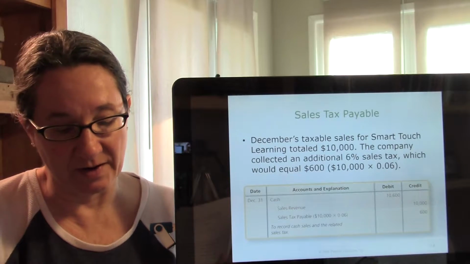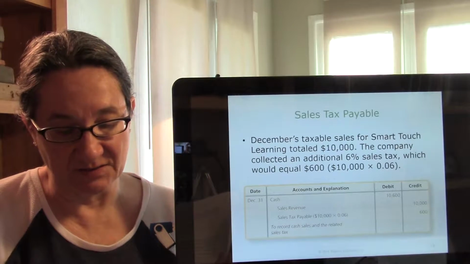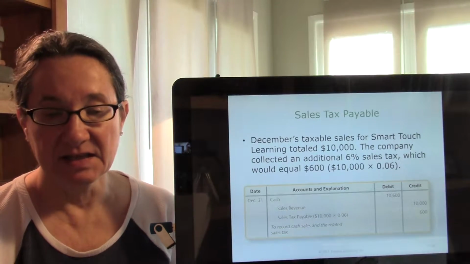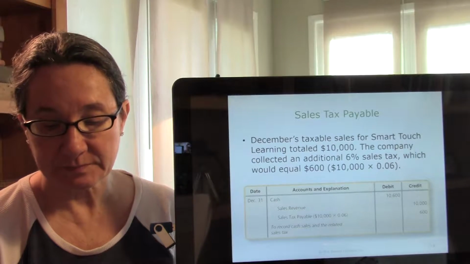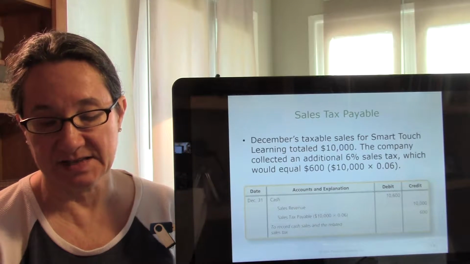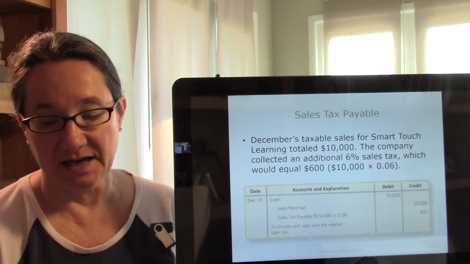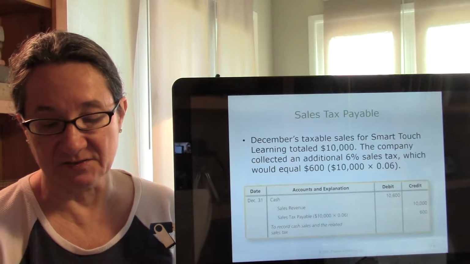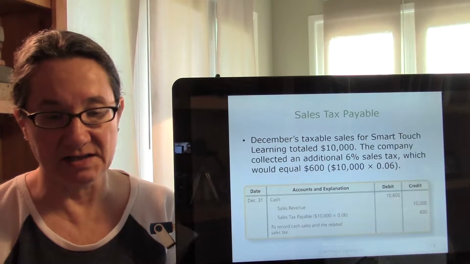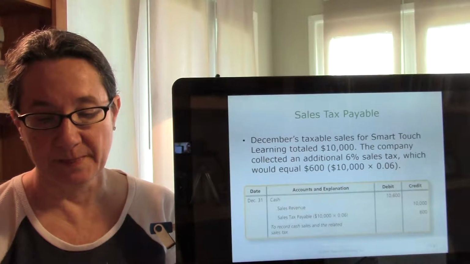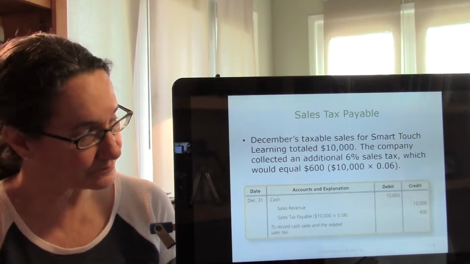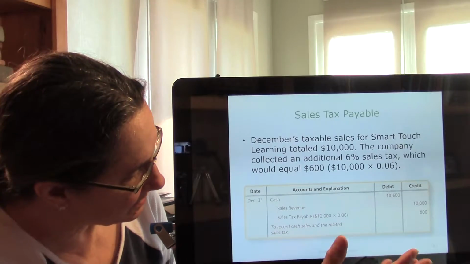The entry will require a debit to accounts receivable for $10,600, the amount of the sale and the amount of the related sales tax. In addition, there will be a credit to sales for $10,000 and a credit to sales tax payable for 600.